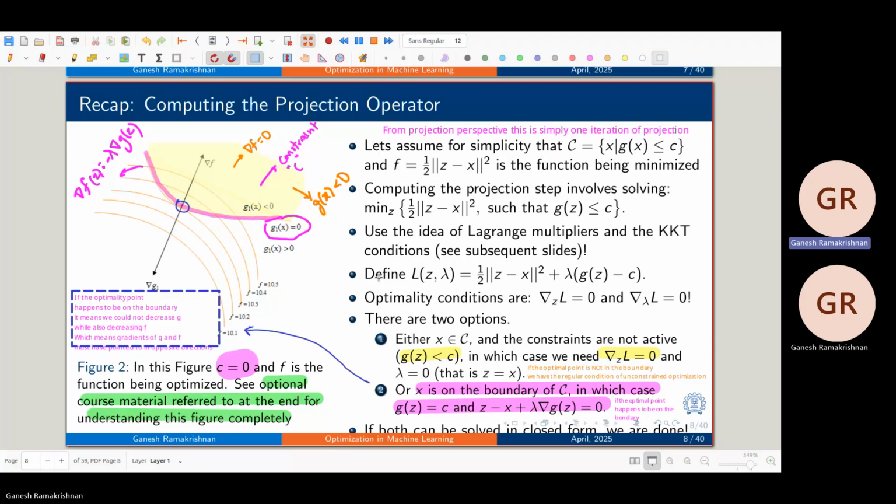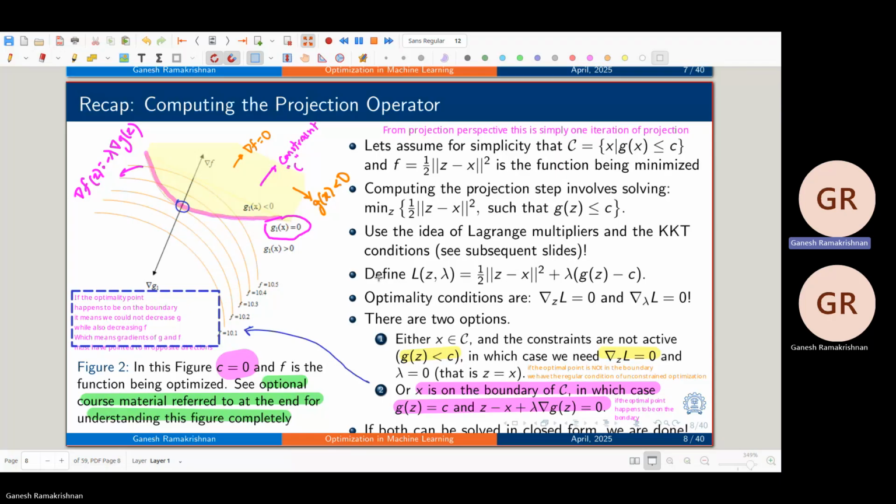The only way you can have an active constraint is that the moment you go in the direction of decreasing values of g1, you end up increasing f. So given g1(x star) is equal to c, by moving along the direction of the negative of the gradient of g1 at x star, you should have increased the value of the function f.